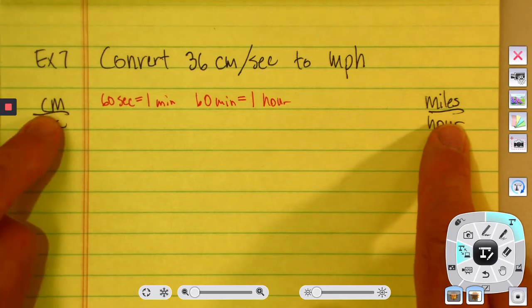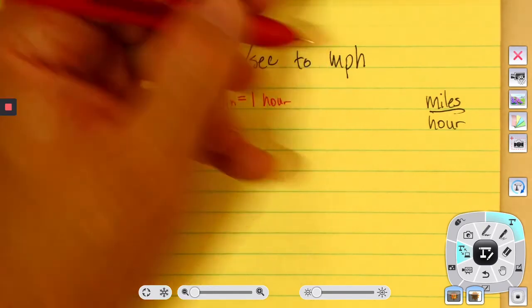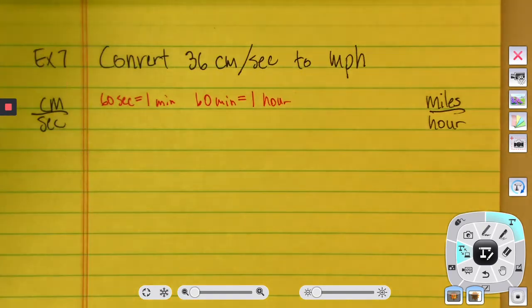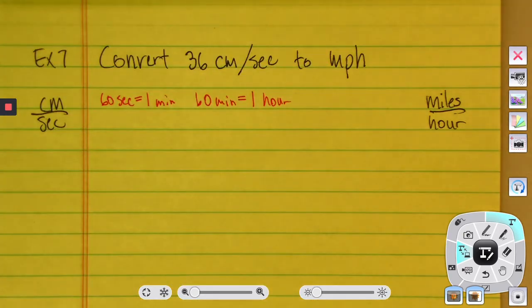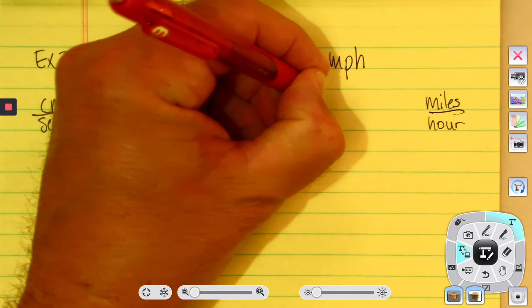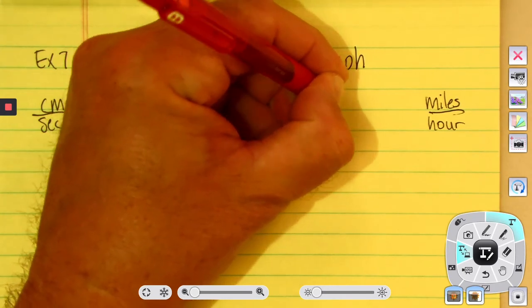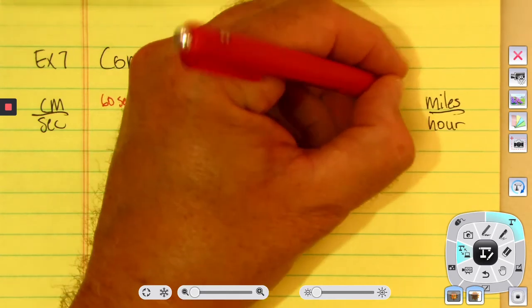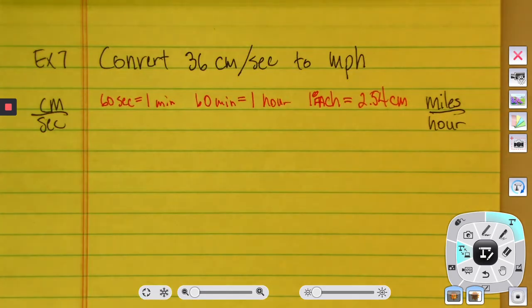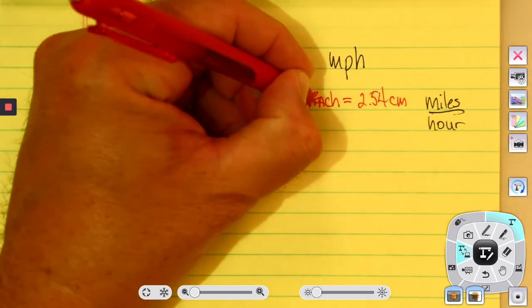Well, the first thing I'm going to do is go from centimeters to inches. So I could say, well, do a Google search. It's going to tell me 1 inch equals 2.54 centimeters. That is 1 inch.